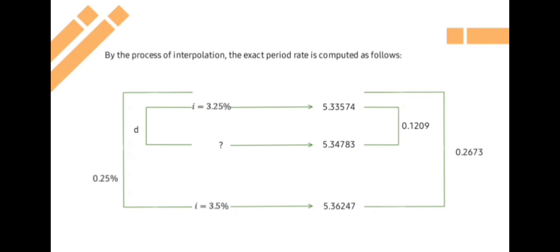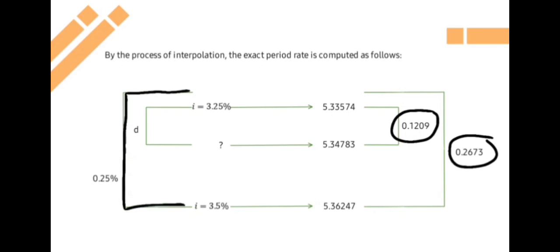So, with the process of interpolation, the exact period rate is computed as follows. So, gaya ng ginawa natin sa mga previous interpolation, kukunin din natin yung mga differences. So, ito na yung mga differences nila. So, difference nito, 3.25% at yung 3.50% is 0.25%.